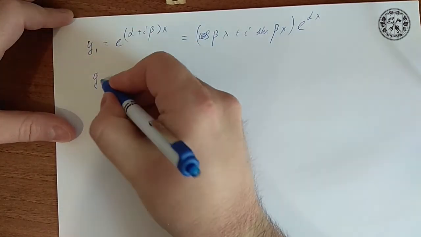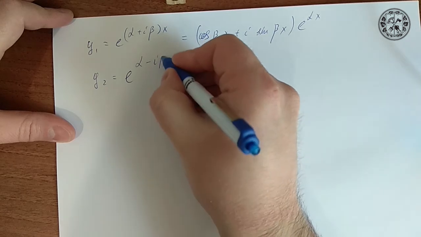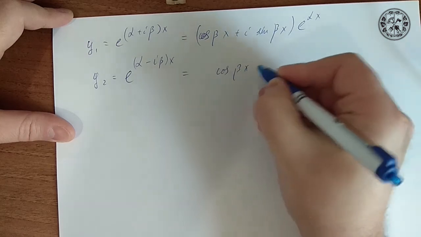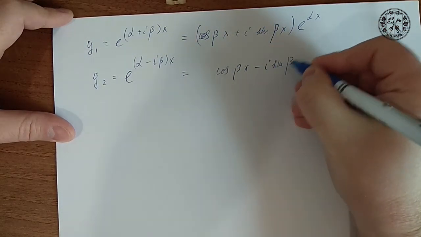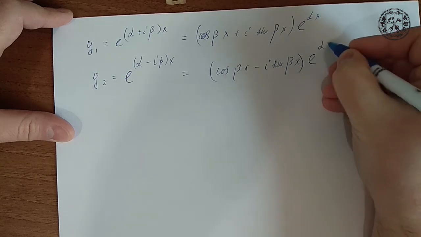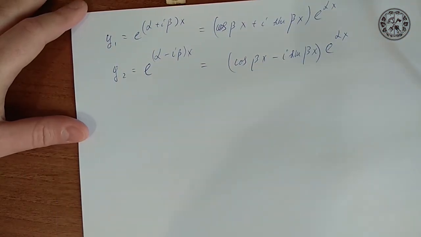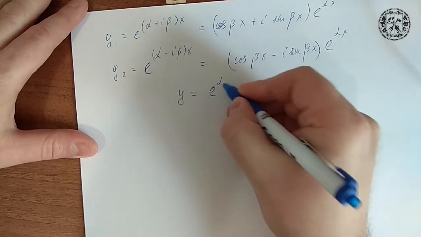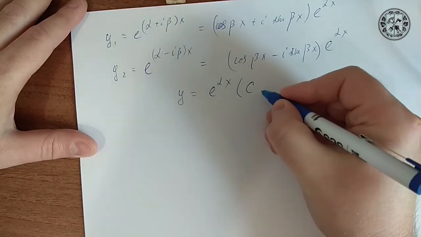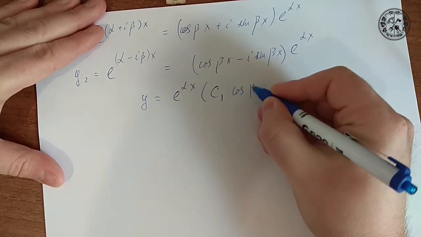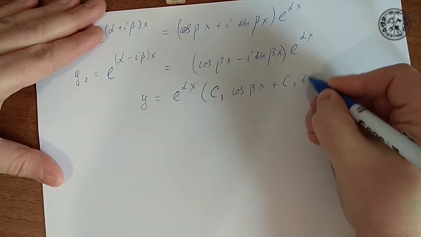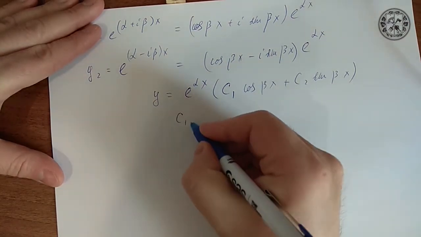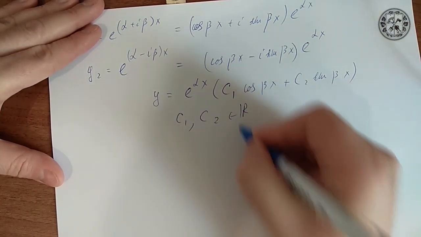This will be y1. y2, e^((alpha minus i beta)x), will be cosine beta x minus i sine beta x, times e^(alpha x). So the solution of the initial equation will be y equals e^(alpha x) times (c1 cosine beta x plus c2 sine beta x), where c1 and c2 are some real constants.